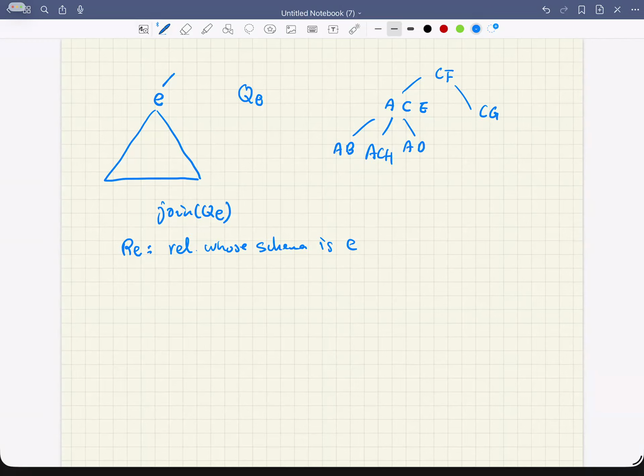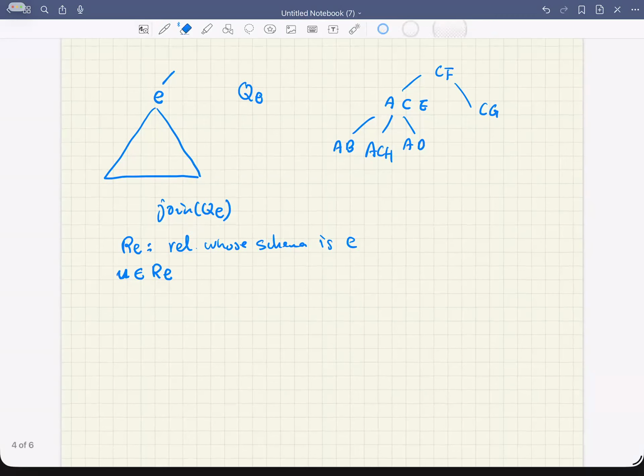There's a relation there, and the join result also contains attributes like B, A, B, D, and so on. Now consider one tuple in this R_E, for example ACE. I want you to think about one particular row in this R_CE relation.